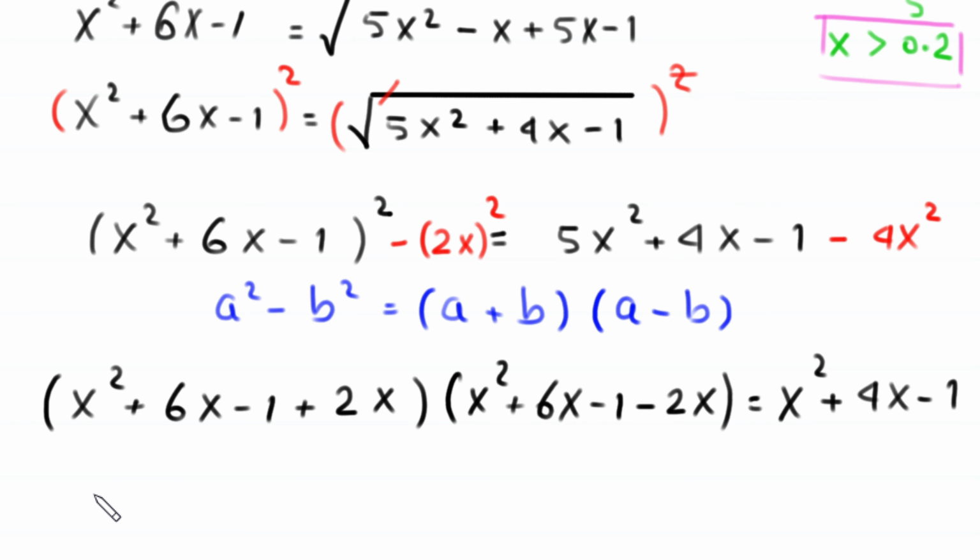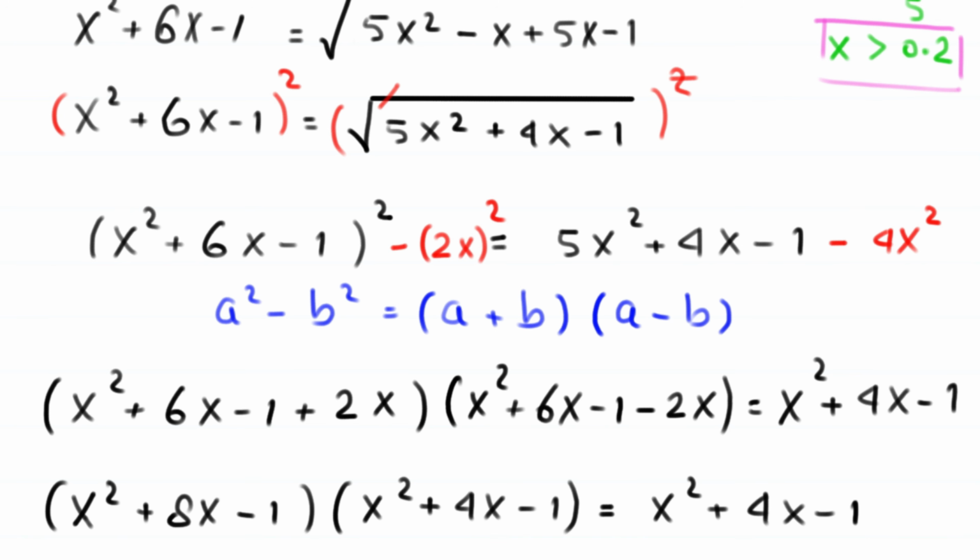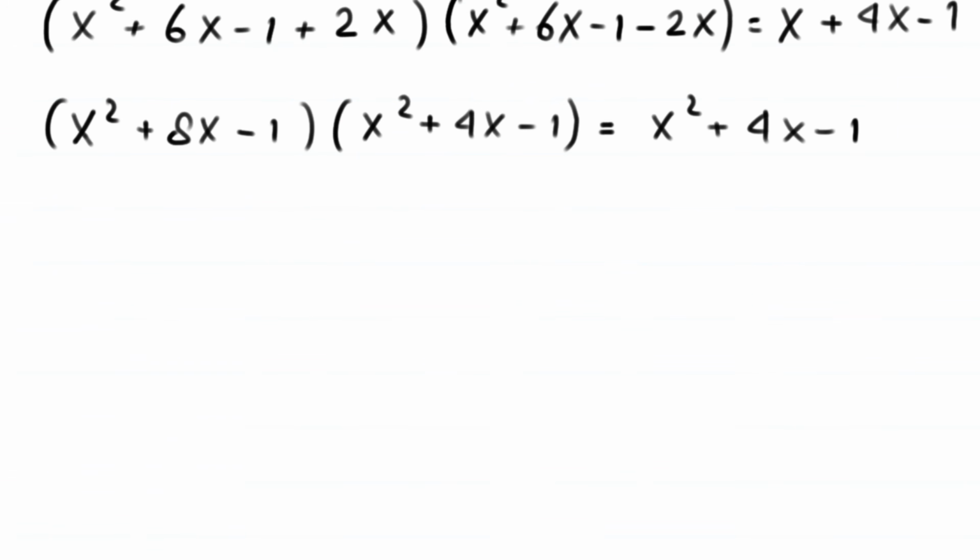Further simplifying, this will become (x squared plus 8x minus 1) times (x squared plus 4x minus 1) equals x squared plus 4x minus 1.